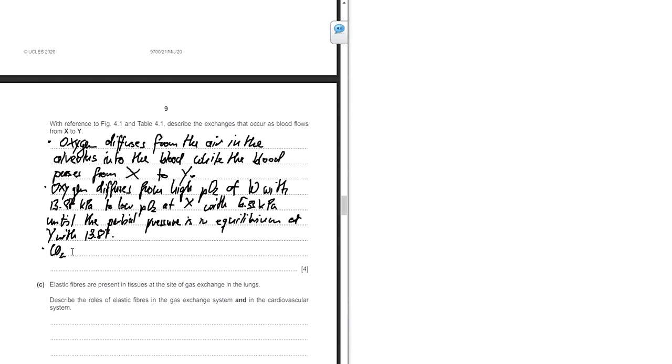CO2 diffuses in the opposite direction from blood at X to W. We can state values here now as well.